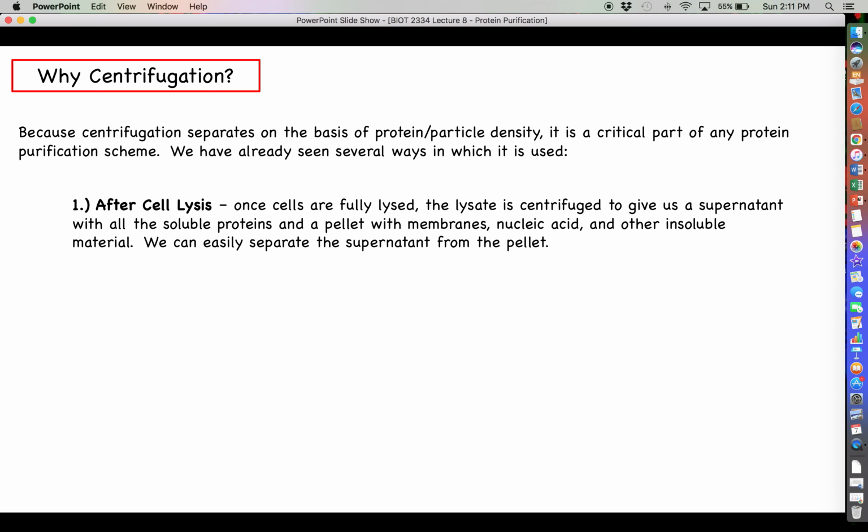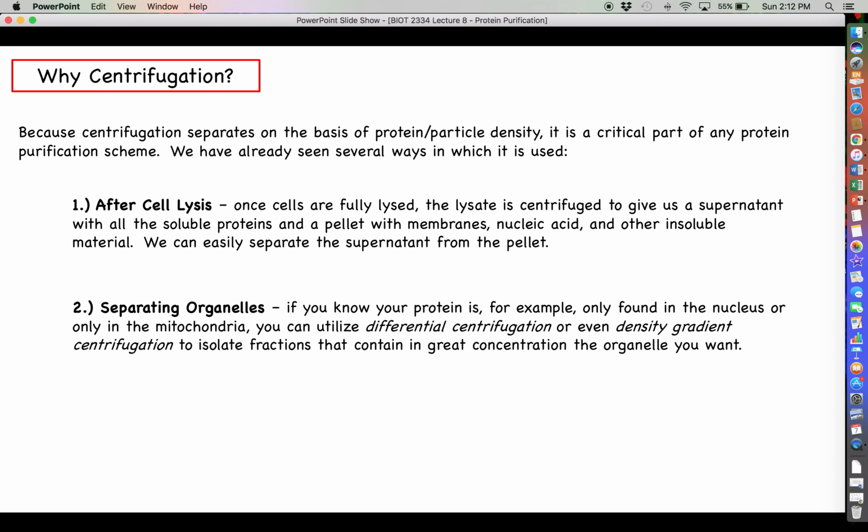So because we separate the cell into two different phases, the soluble supernatant and the insoluble pellet, depending on what we know about our protein, whether it's soluble or not, we should know which one of those two phases our protein exists in, and we can easily separate the supernatant from the pellet.